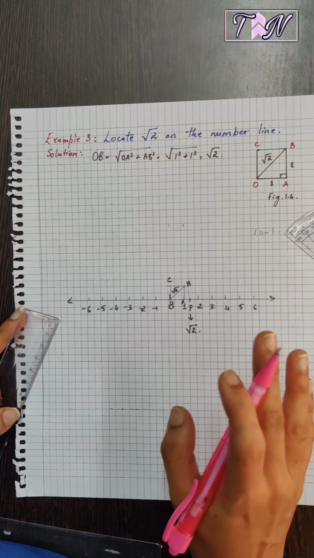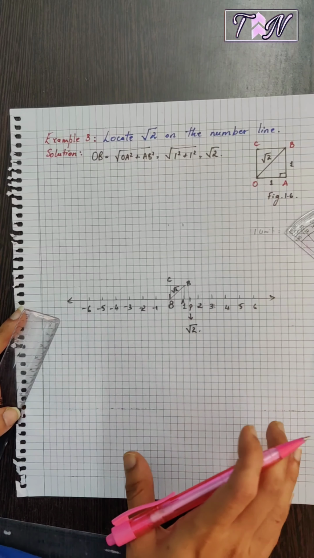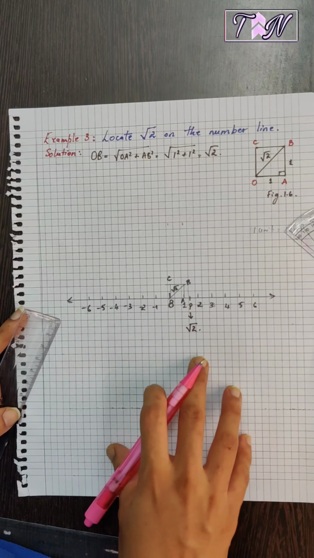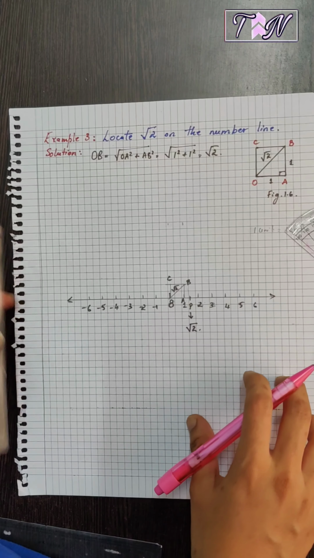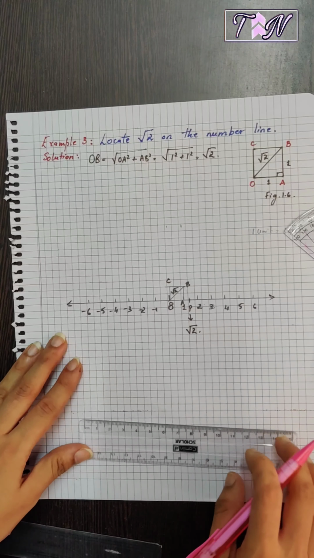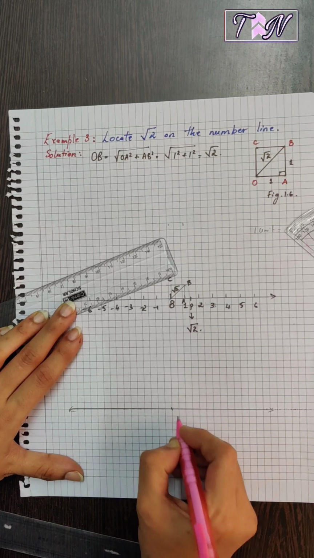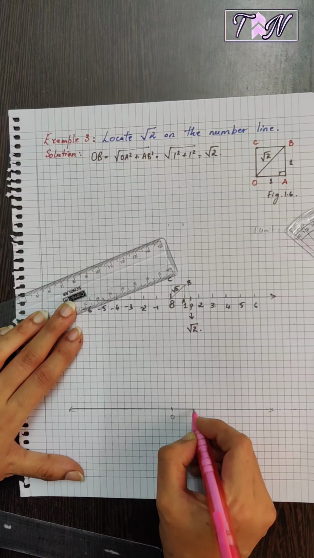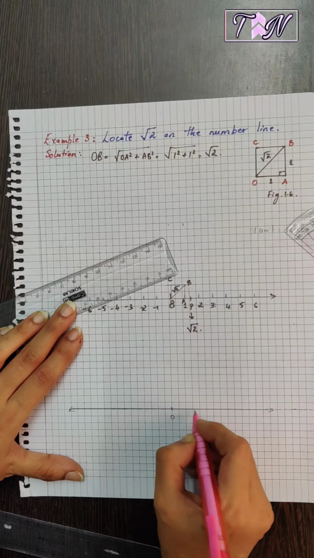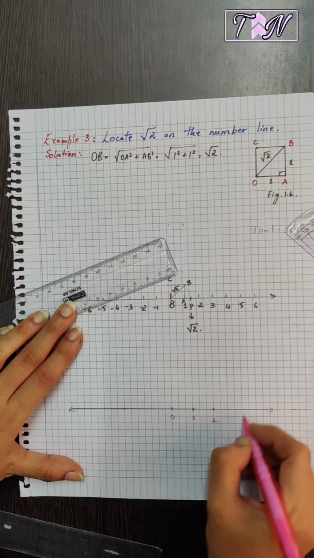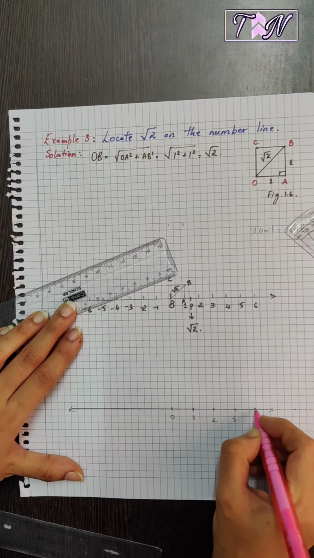Now just for illustration, I'll draw this figure a bit maximized in size, so that you can understand what exactly is going on, for visibility. As 0, I'll take 3 square grids over here as 1, and 2 and 3 and 4.